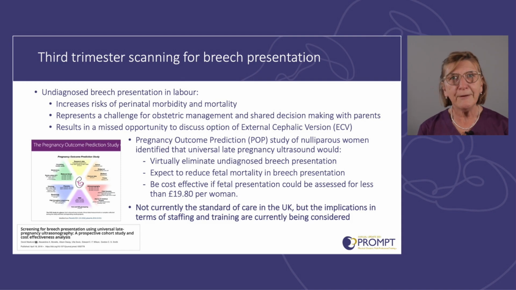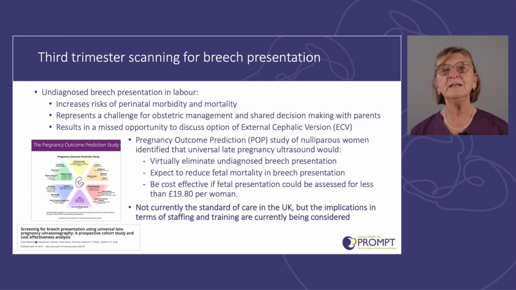The Pregnancy Outcome Prediction Study was a study of nulliparous women, and it identified that a universal late pregnancy ultrasound scan would virtually eliminate undiagnosed breech presentation, and that would be expected to reduce fetal mortality in breech presentation.